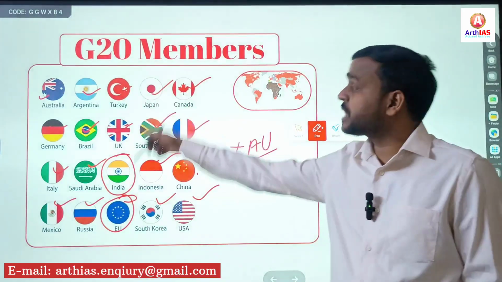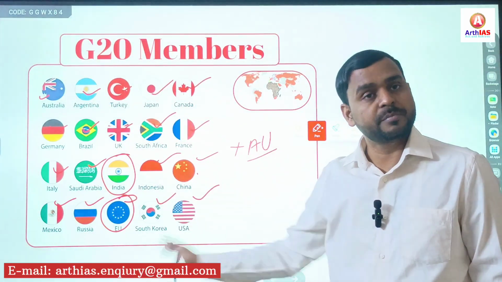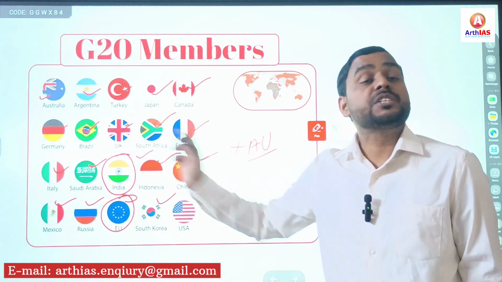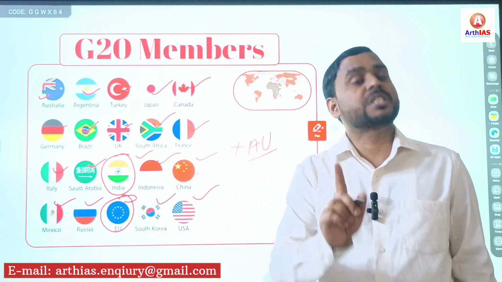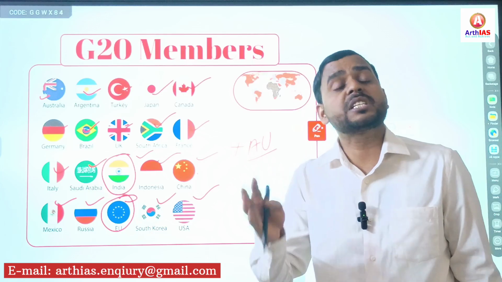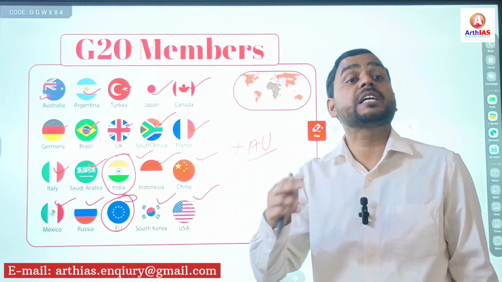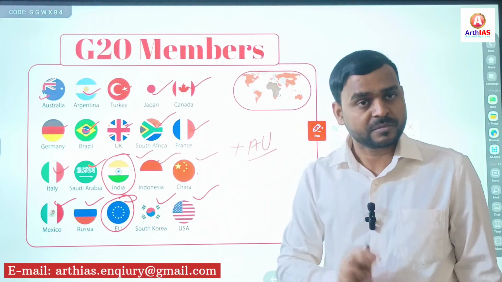You must remember the names of members, and always remember that India is a member of G20 but not of G7, because G7 only includes the most advanced economies, and India is an emerging economy.